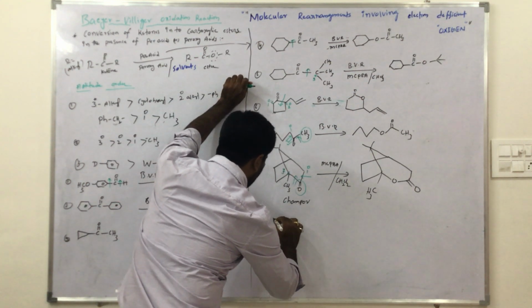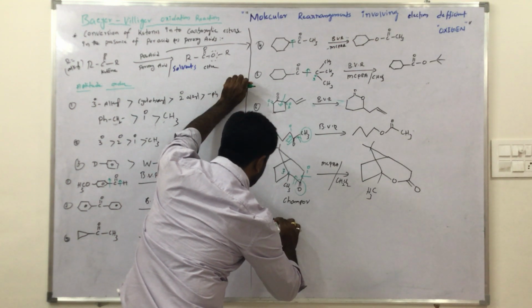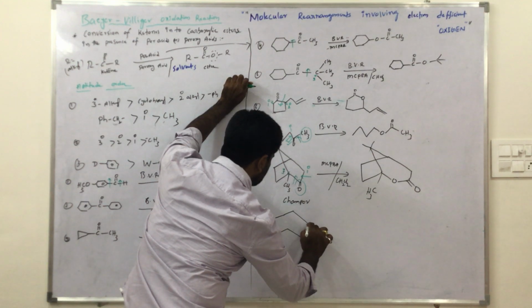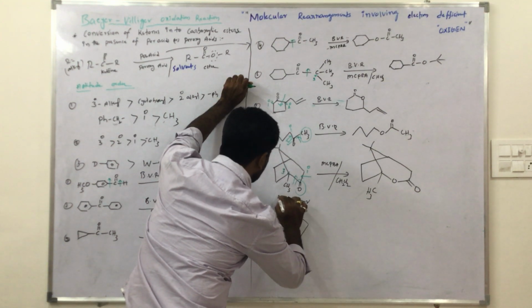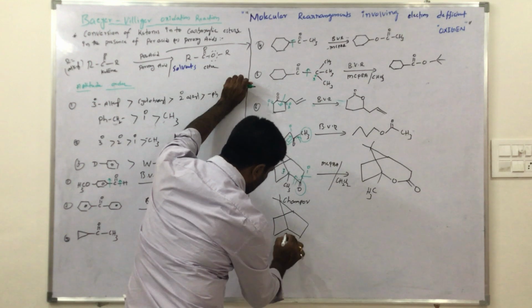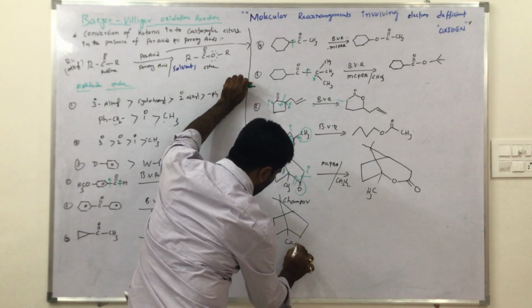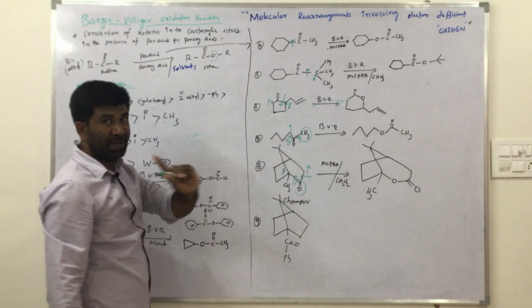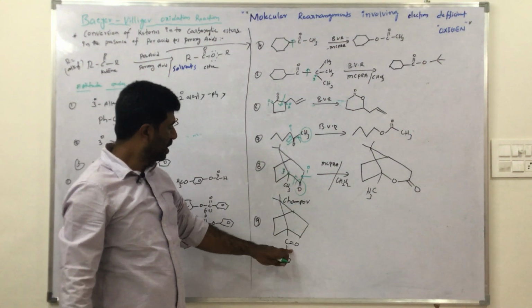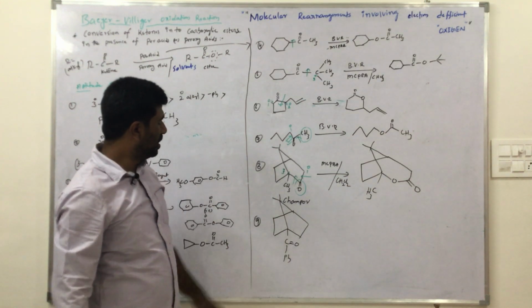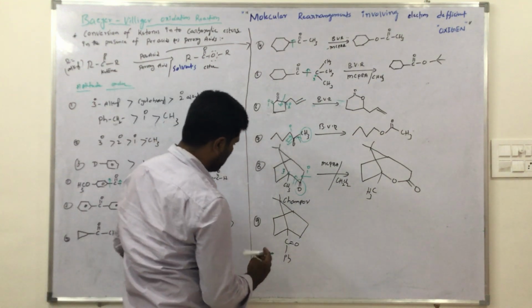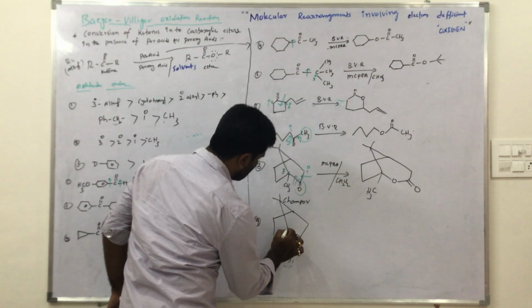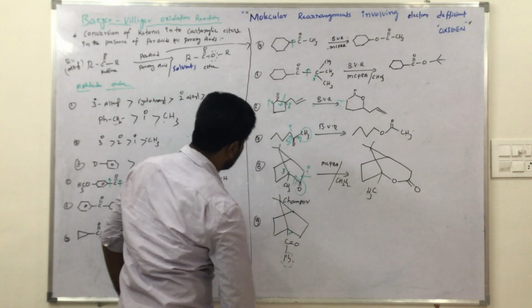Okay, this is also one type of camphor compound. Right. Here we have C double bond O and a phenyl group. I take the phenyl group here, keto compound, and this carbon is tertiary. So which is more preferable? This is the phenyl group and this is the tertiary carbon.